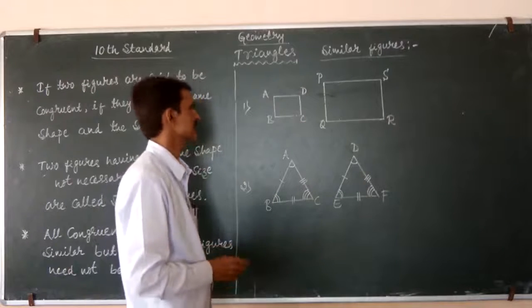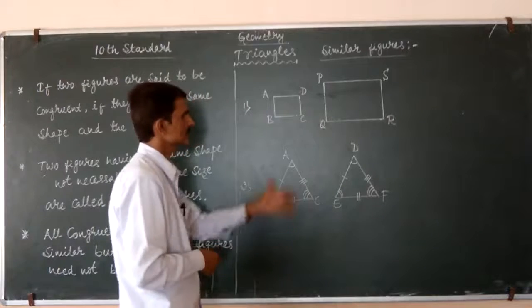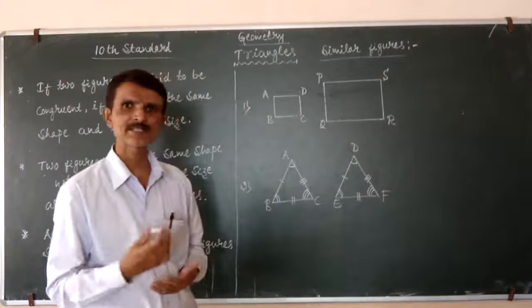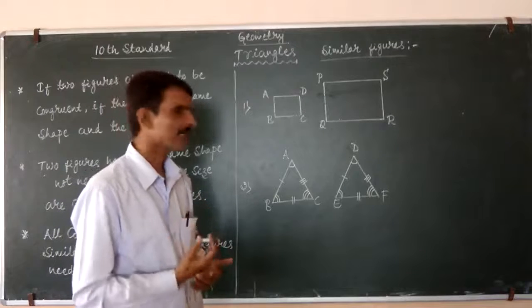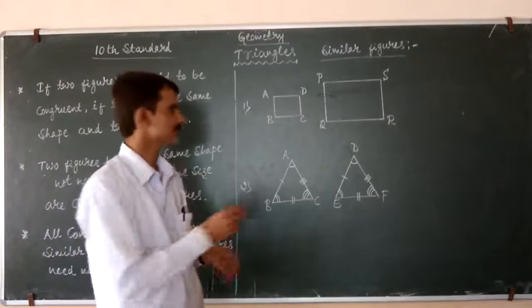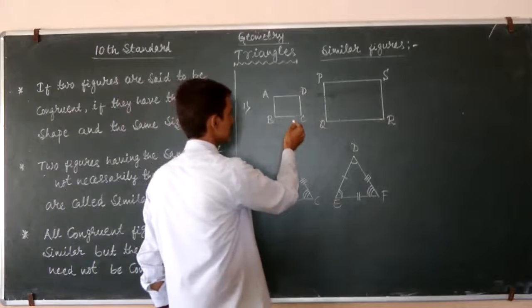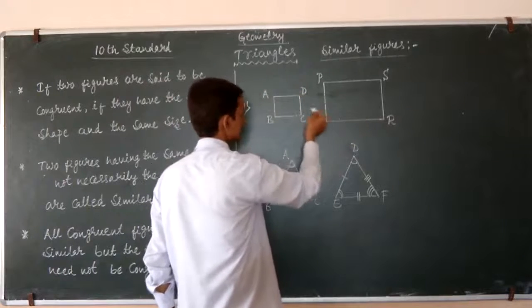We can define similar figures. Two figures are said to be similar if they have the same shape. Observe clearly: this is a rectangle, this is also a rectangle.